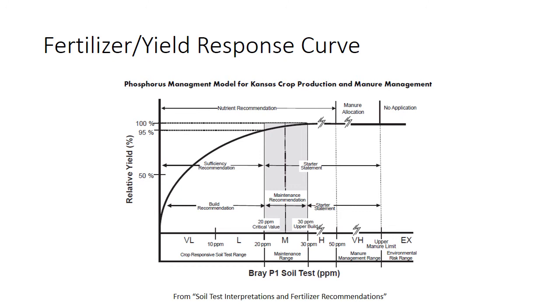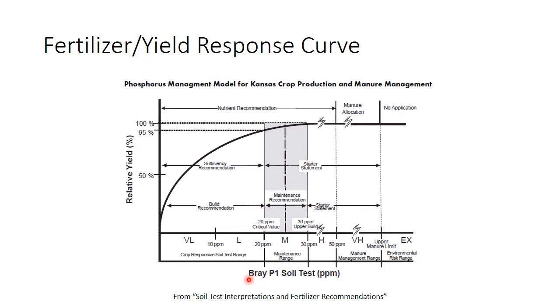Now, most state soil testing labs, when they give recommendations, those recommendations are based on calibrations where we have our soil test, in this case phosphorus, using the Bray phosphorus extractant. So Bray is just a method. There's 3 different methods that the soil testing lab uses.